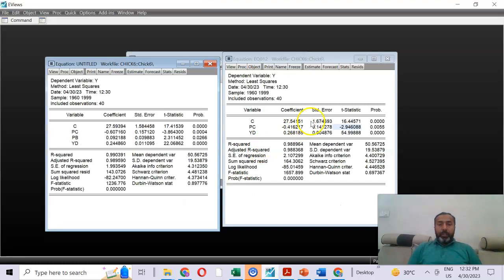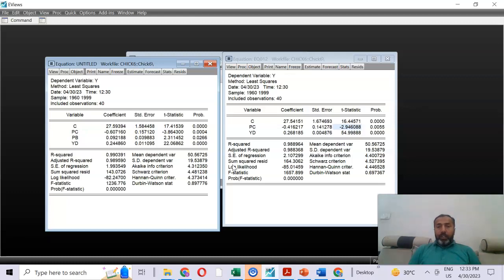So here you can see that because theoretically price of chicken and price of beef are positively correlated because prices move together, therefore, the correlation between PC and PB is expected to be positive, and the coefficient of the omitted variable, which is price of beef, is positive. So positive multiplied with positive will result in the positive answer.